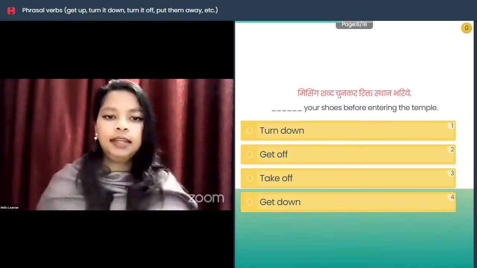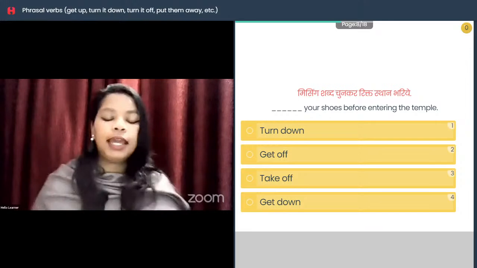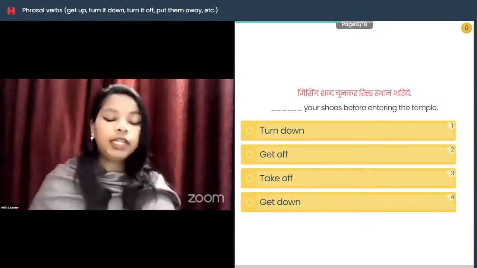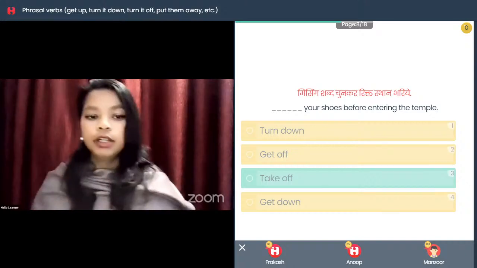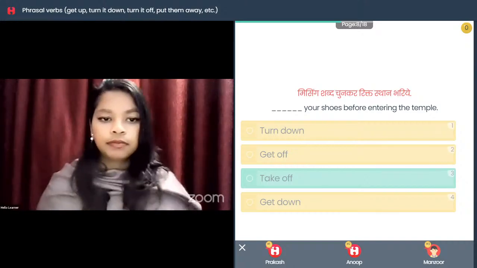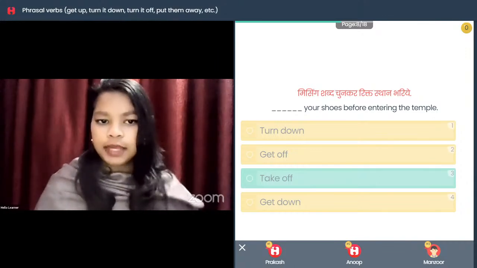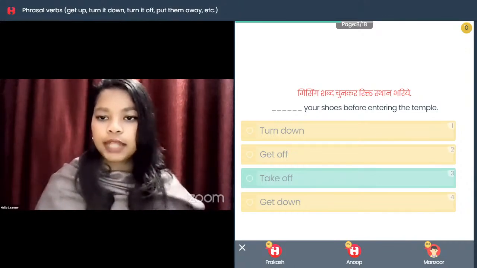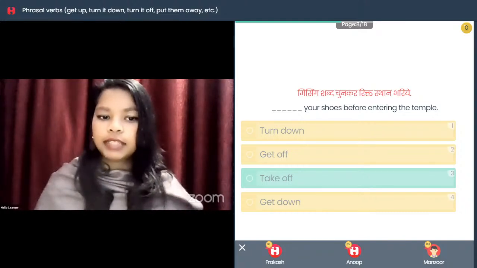The next slide. You have to choose the correct option. So like we did, turn on, turn down, turn off, take off. Turn down your shoes before entering the temple. Get off your shoes before entering the temple. Take off your shoes before entering the temple.